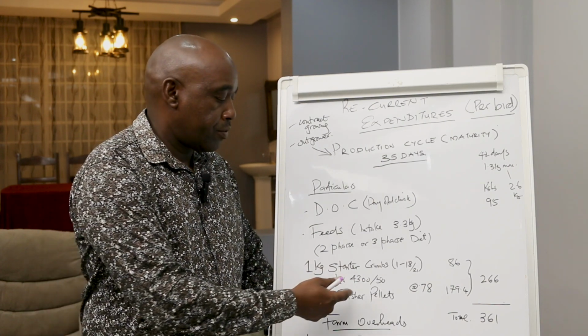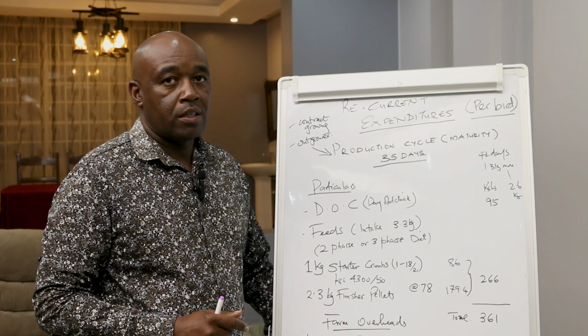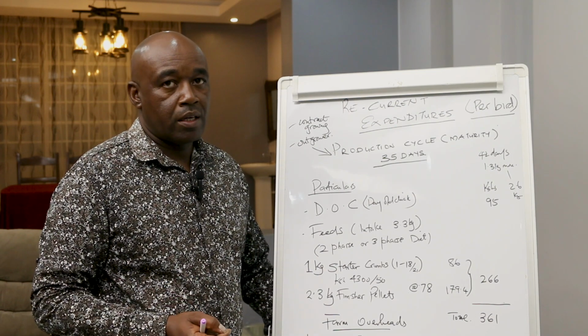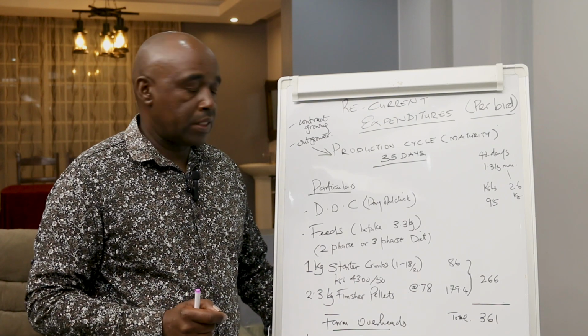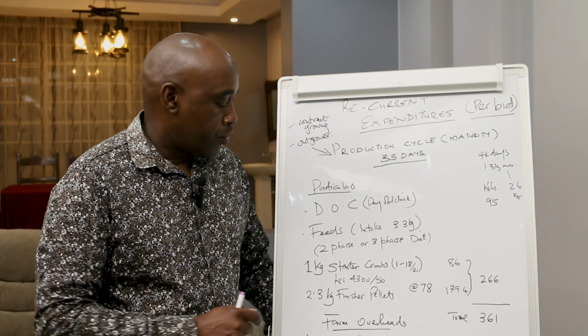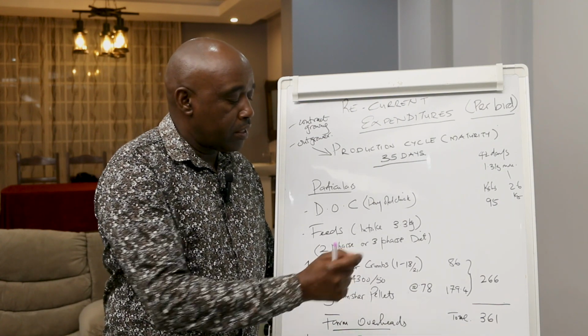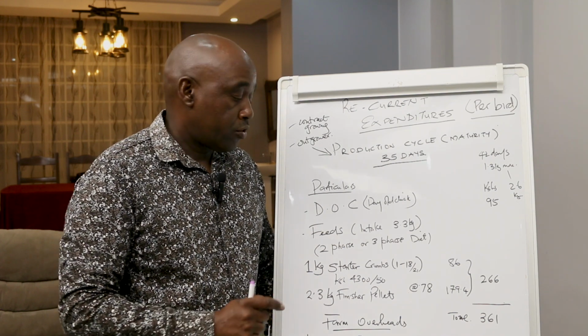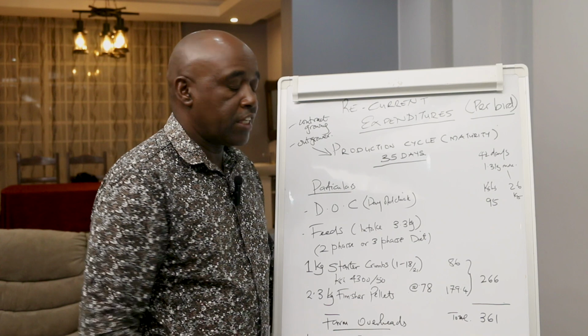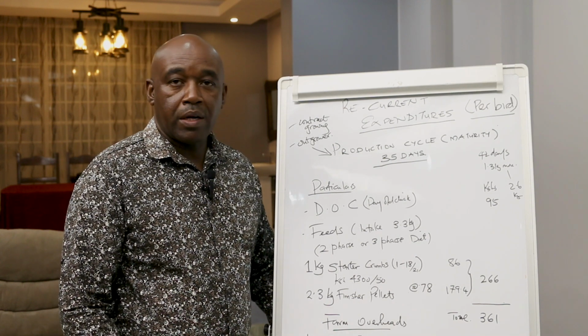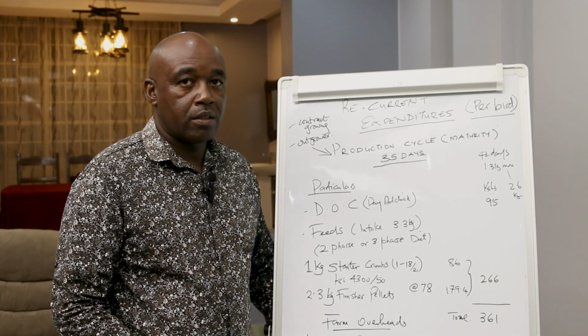But let's use the middle figure of 4,300 on a 50 kg bag. Here we produce feeds on 50 kg bags, not 70. So if we take 4,300 divided by 50, the cost of each kilo is about 86 shillings. And we said the bird will consume at least 1 kilo.